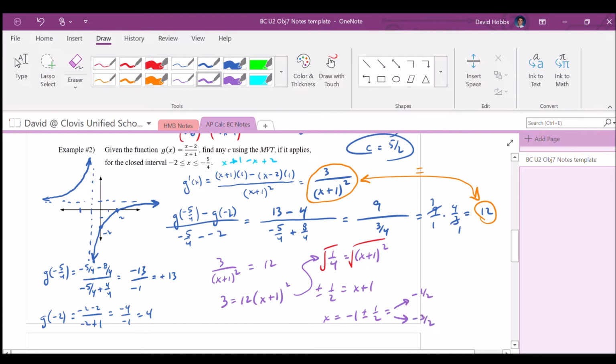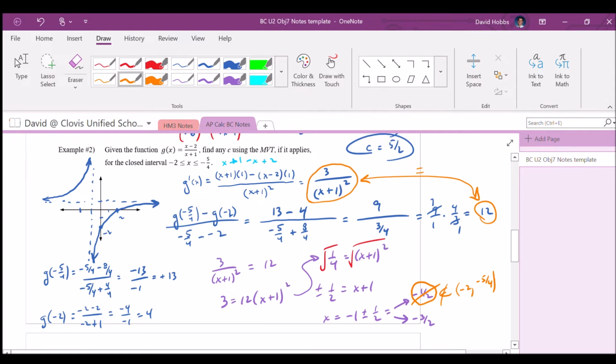Now, -1/2 is on the right-hand side of the vertical asymptote, so it's not in the interval from -2 to -5/4. This one gets thrown out because it is not in the open interval. Sometimes you'll get more than one possible answer, but if it's not in the interval, you have to throw it out.